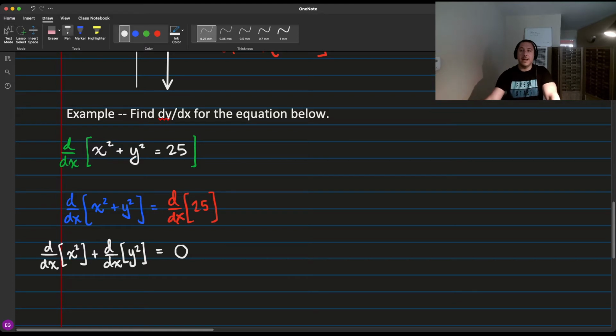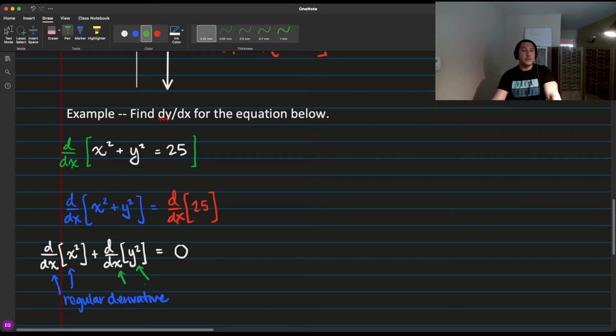The one on the left, I'm taking the derivative with respect to x of x squared. The variables match, so this is the regular derivative. The one on the right, there's an issue. I'm taking the derivative with respect to x of y squared.